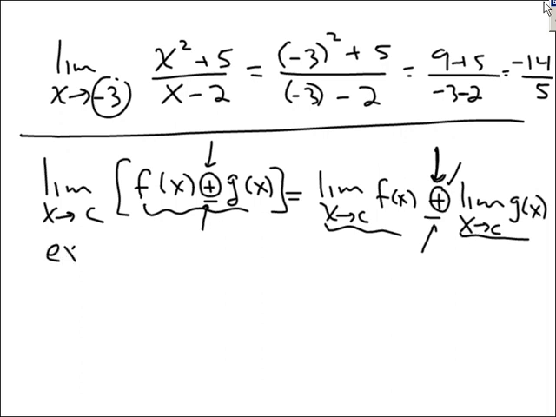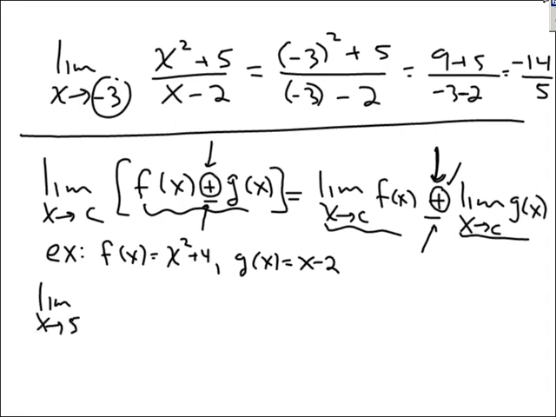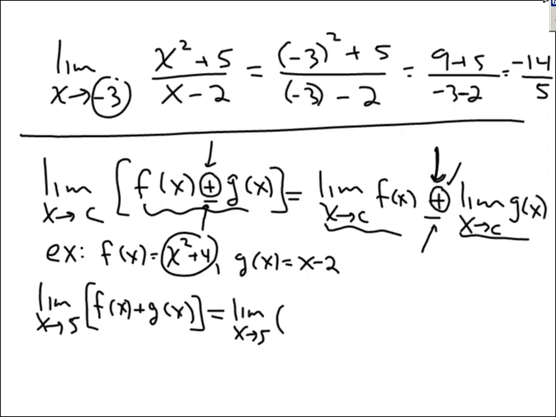An example would be if f of x is x squared plus 4 and g of x is x minus 2. If you were asked to find the limit as x goes to 5 of f of x plus g of x, if you choose, you can think of this as the limit as x goes to 5 of f of x, which is x squared plus 4, plus the limit as x goes to 5 of g of x, and that's just x minus 2.